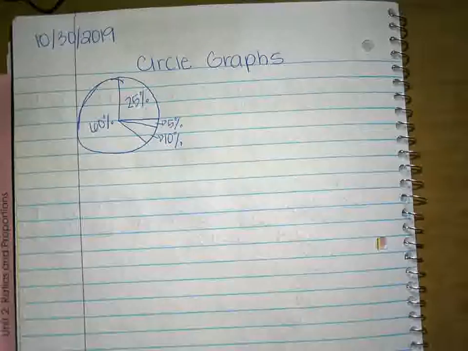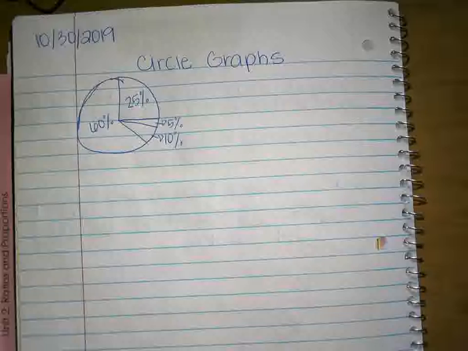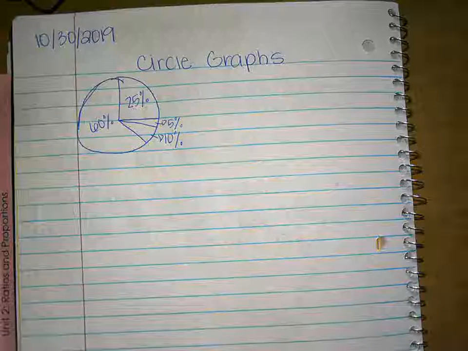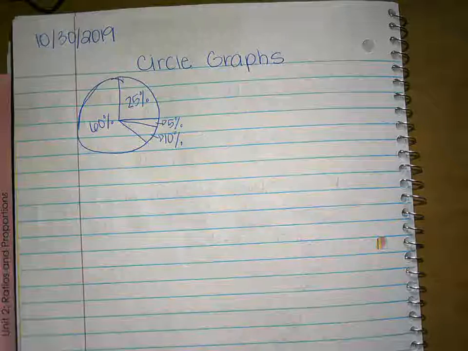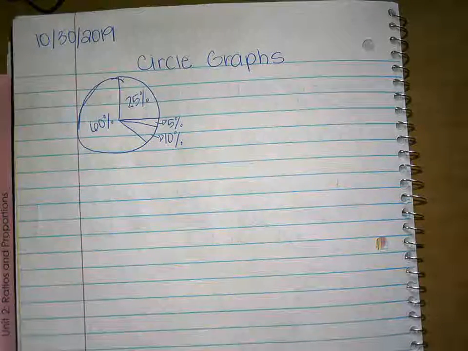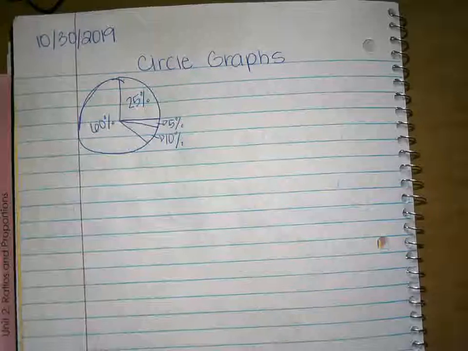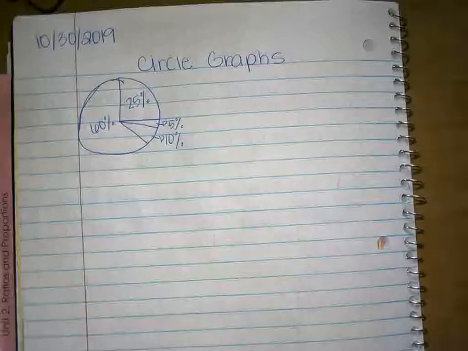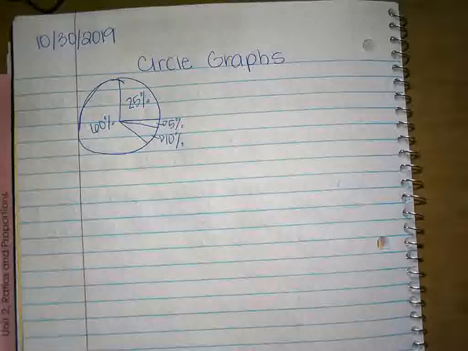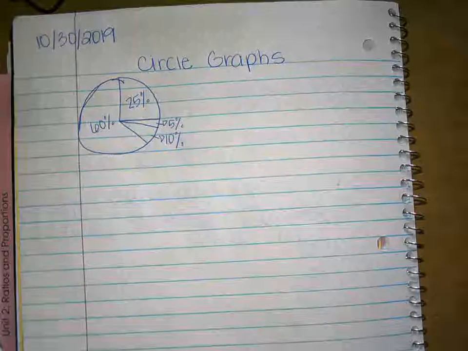We're just going to guesstimate. But do you see how it actually looks like it's 25% of your circle? It looks like it's 60% of the circle. It looks like it's 5%. It looks like it's 10%. Okay? There is a method to how they get those numbers.